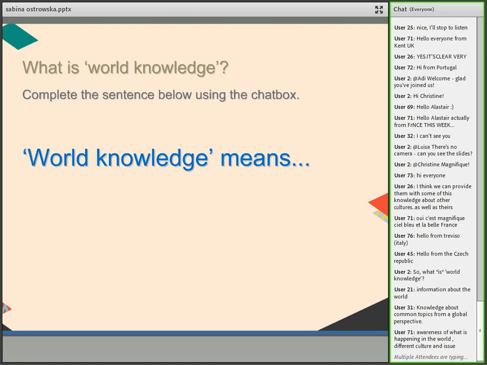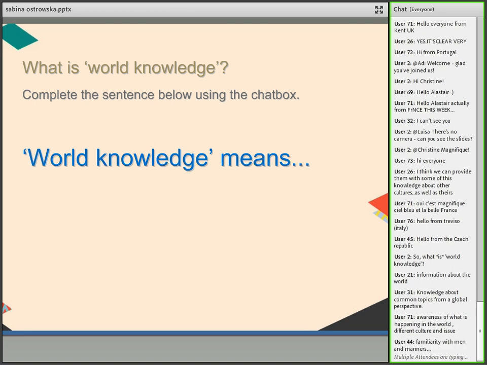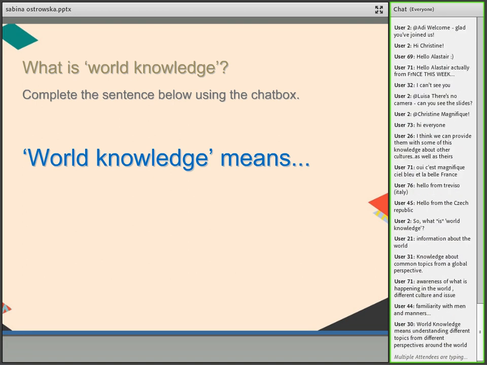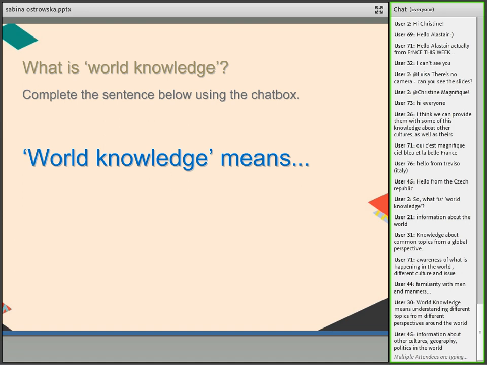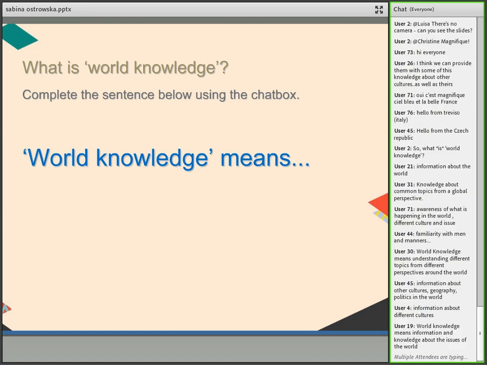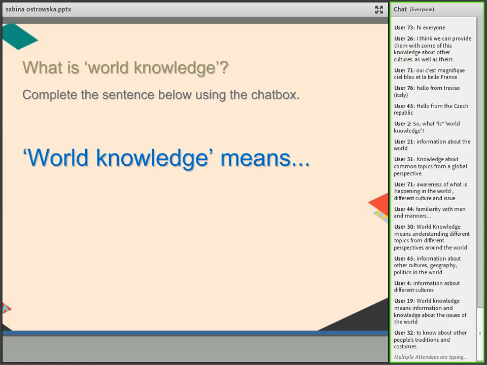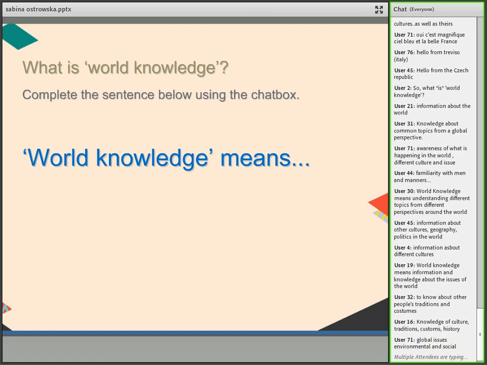Awareness of what is happening in the world, and different cultures and issues, familiarity with men and manners, knowing about how to behave. World knowledge means understanding different topics from different perspectives around the world. That's a very good point, which we'll discuss when talking about writing skills.